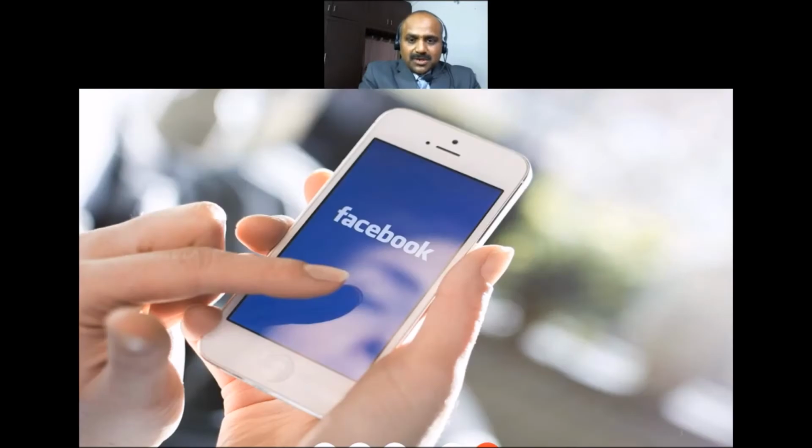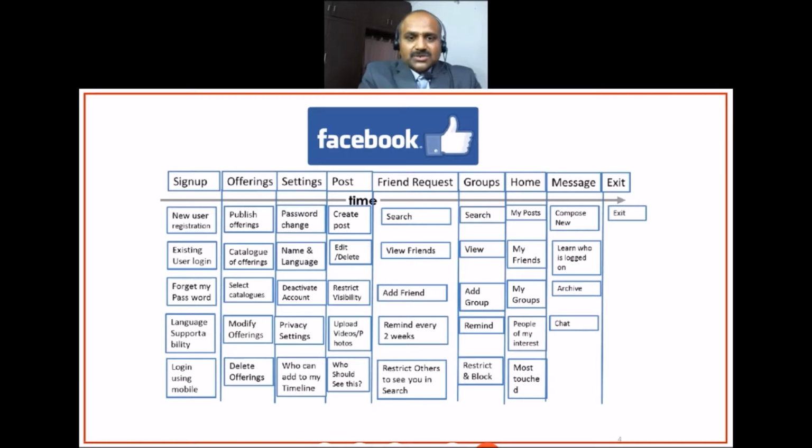As you all know, Facebook is a very familiar application to each of you. Facebook is just an example I have taken, but you can apply this example to any software application. If you take Facebook as an application, you have feature sets on the horizontal bar, that is sign up, offerings, settings, post, friend request, groups, home, message and exit.